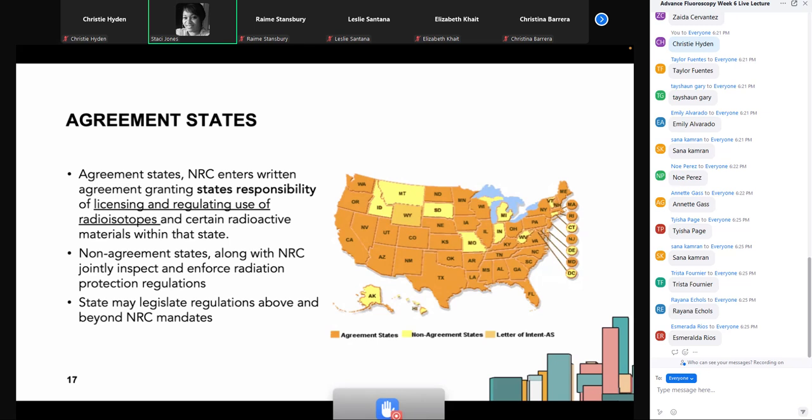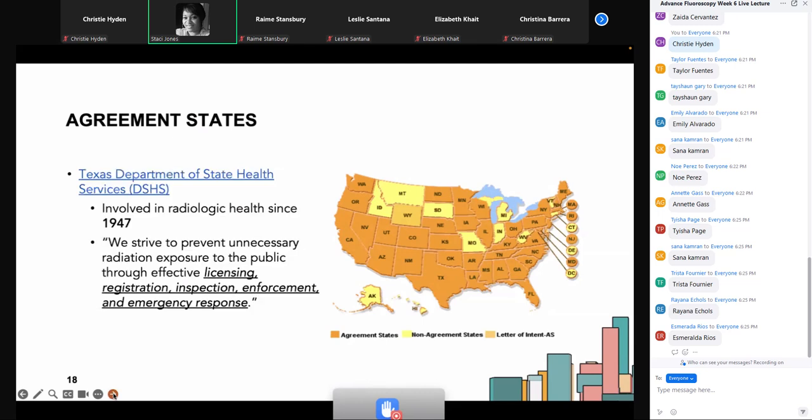And then lastly, you have letters of intent. These states may legislate regulations above and beyond the NRC. And if they feel like they need to add an extra layer of protection on, they have the ability to do that. So specifically Texas, which you can see, Texas is an agreement state.